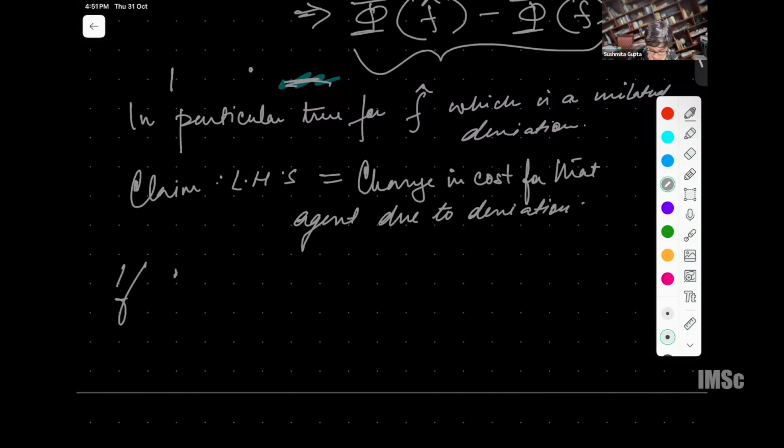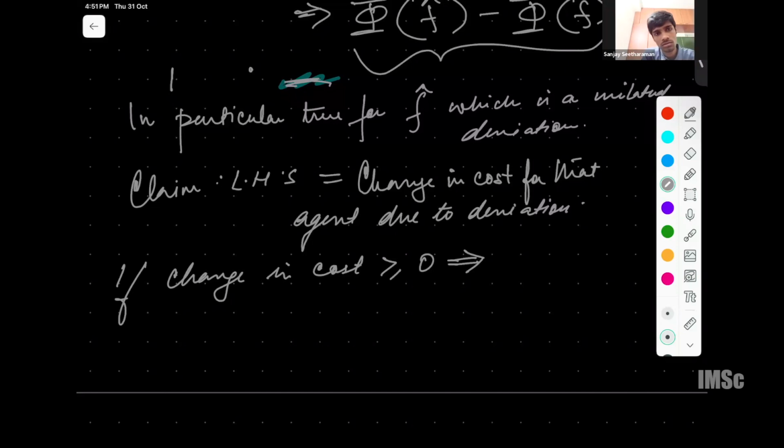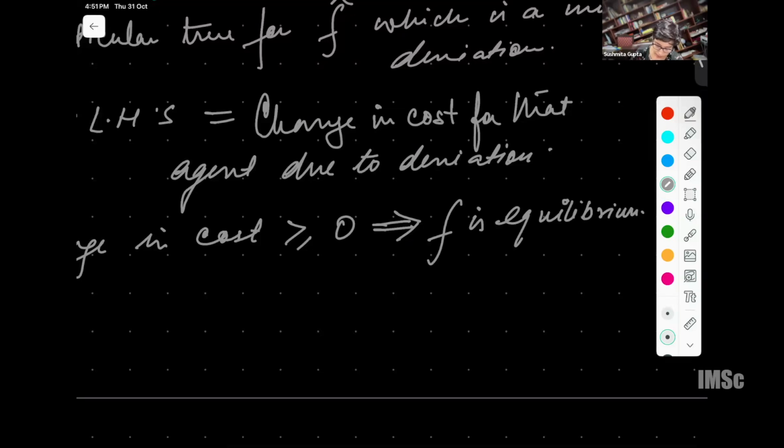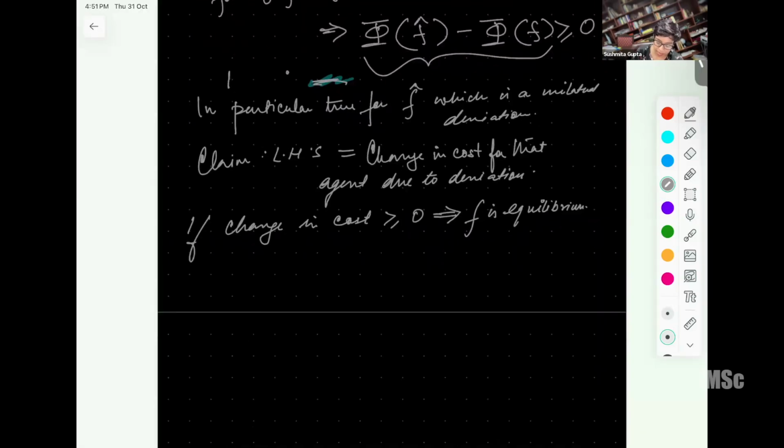If the change in cost is positive, it's the opposite of an improvement, right? It means that if anybody deviates to something else, they are having an increase in cost. It means that f is actually an equilibrium. Right? Yeah. Okay, right? And so we would have it.